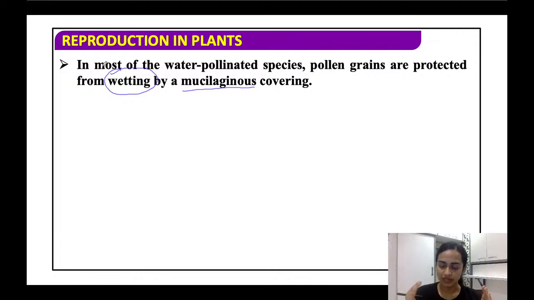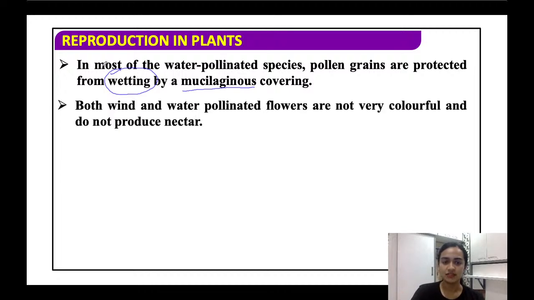Now when the flowers are submerged in the water, there is no chance of any insect or bird pollinating it. It is the water, or in some cases the wind, that will play the role. For both these cases, they need not produce nectar, color, or any smell. So these flowers are generally not colorful and they do not produce nectar.